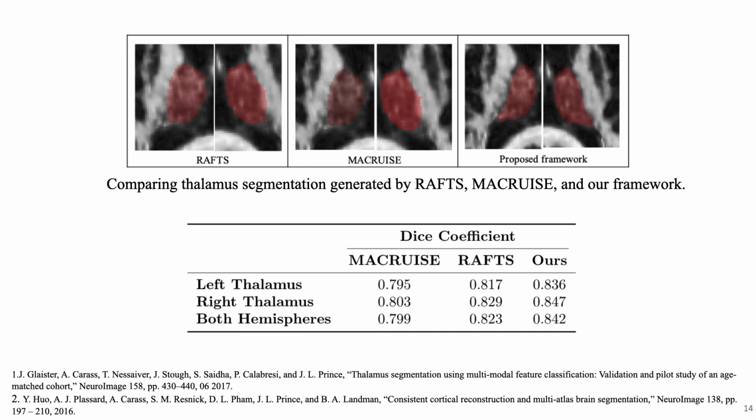We also did a visual comparison with RAFS and MACRUISE. We can see that RAFS and MACRUISE tend to include regions that don't belong to the thalamus, but our proposed framework is better at capturing the boundary. We also did some numerical calculation where we found our dice coefficient is larger than MACRUISE and RAFS.